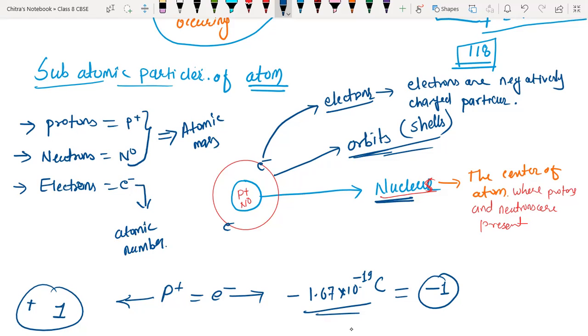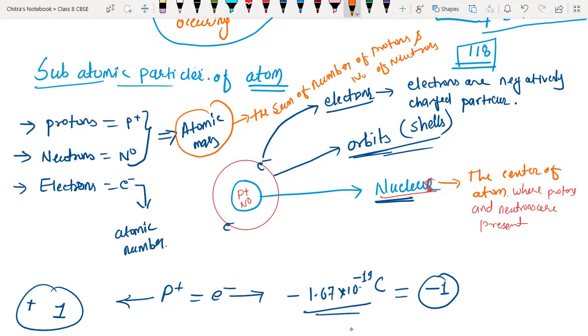It represents the atomic number. The sum of the number of protons and number of neutrons represents the atomic mass. So atomic mass is the sum of the number of protons and number of neutrons.